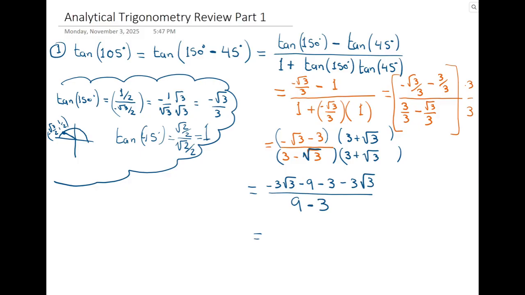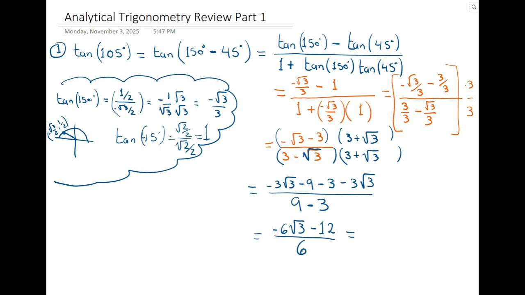Okay, so all of that is going to go to negative 3 square root of 3 minus 3 square root of 3 will be negative 6 square root of 3, minus negative 9 minus 3 will be 12, all over 9 minus 3, which will be 6. And now we can go further, right, because we can simplify this.